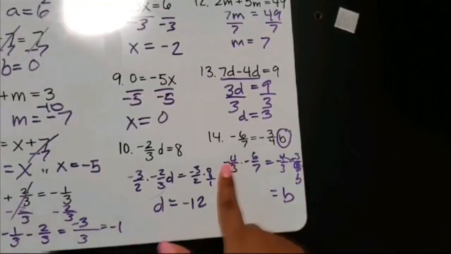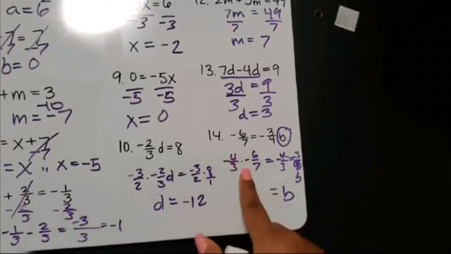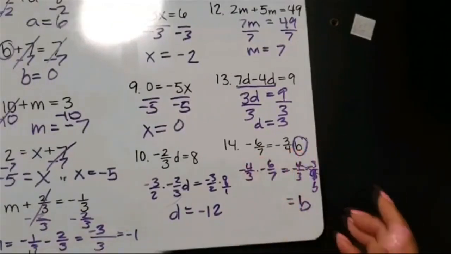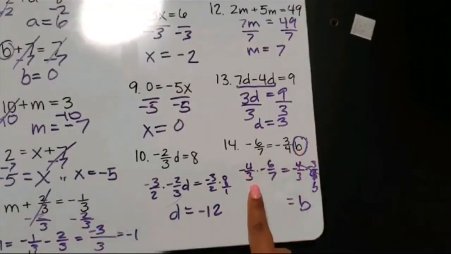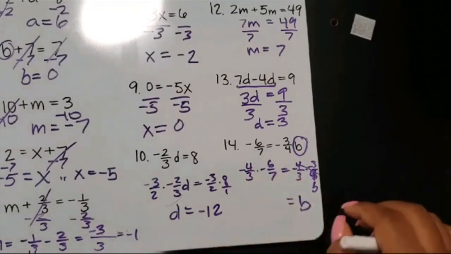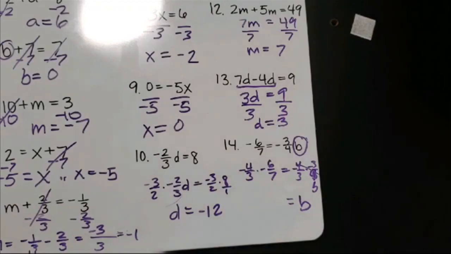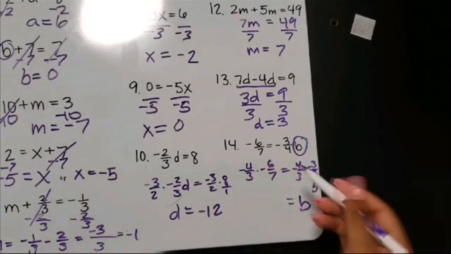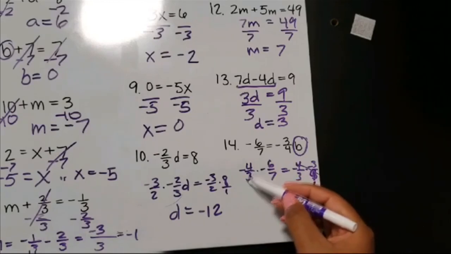On this side, we can do negative 4 times negative 6. And in the denominator, we can do 3 times 7 and then simplify that. Or we can look at the 3 and the 6 and simplify it as if it was 6 over 3, which would be 2.